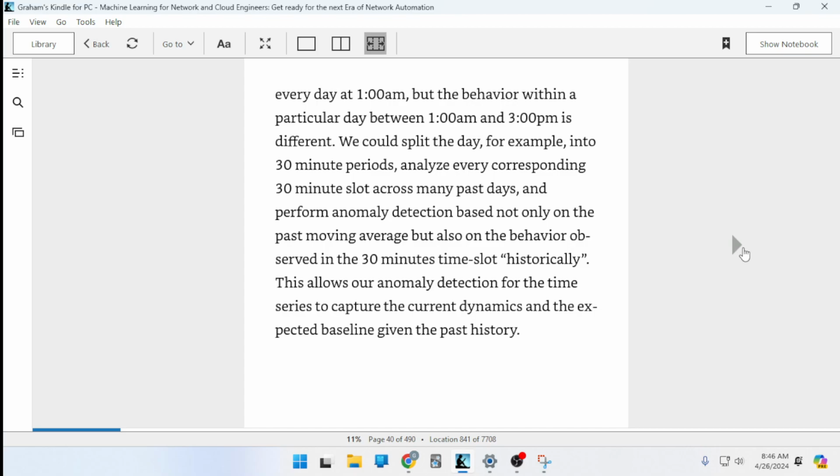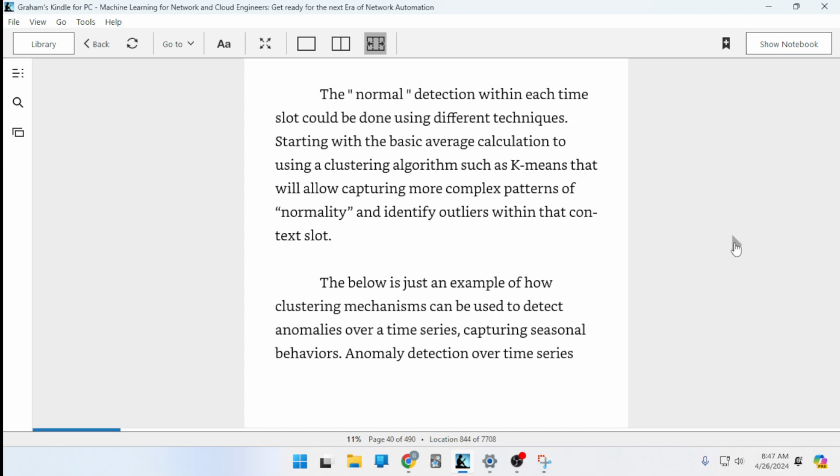We could split the day, for example, into 30-minute periods, analyze every corresponding 30-minute slot across many past days, and perform anomaly detection based not only on the past moving average, but also on the behavior observed in the 30-minute time slot historically. This allows our anomaly detection for the time series to capture the current dynamics and the expected baseline given the past history.